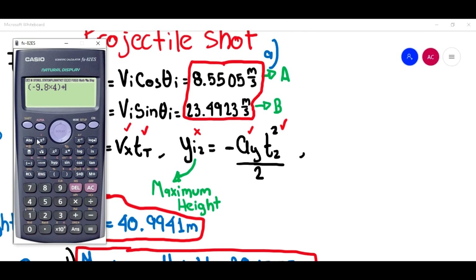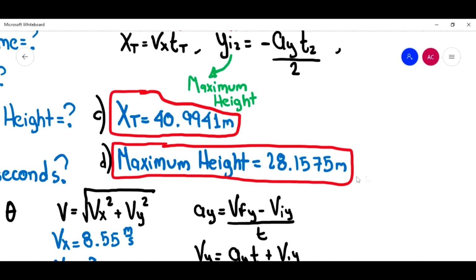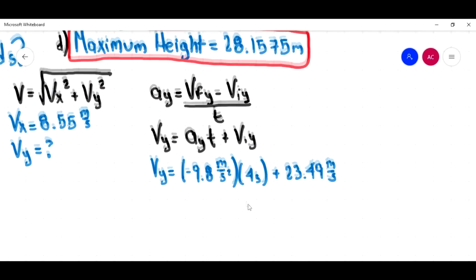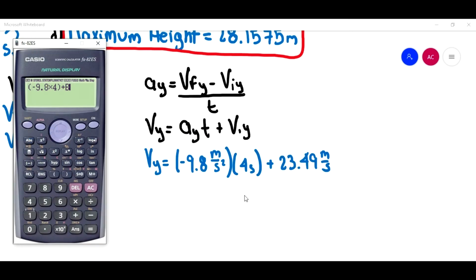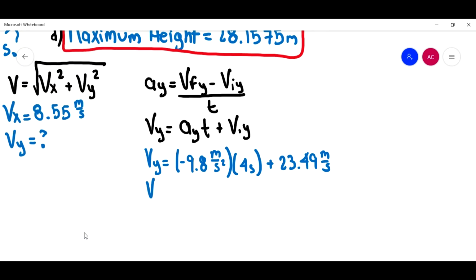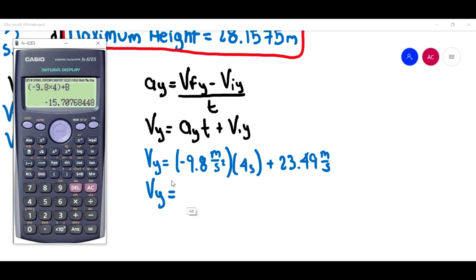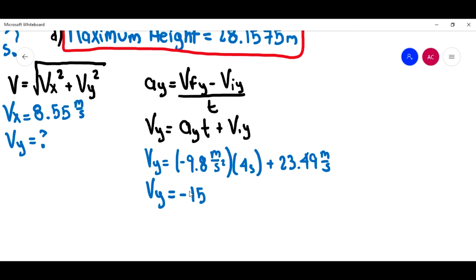It's in letter B, and it must be negative because it's in segment number 4. In segment number 4, the velocity is negative. So velocity in y at second number 4 equals minus 15.76 meters per second.